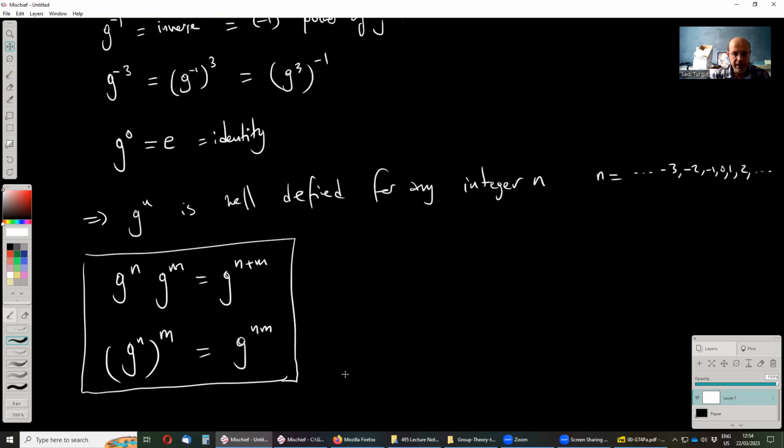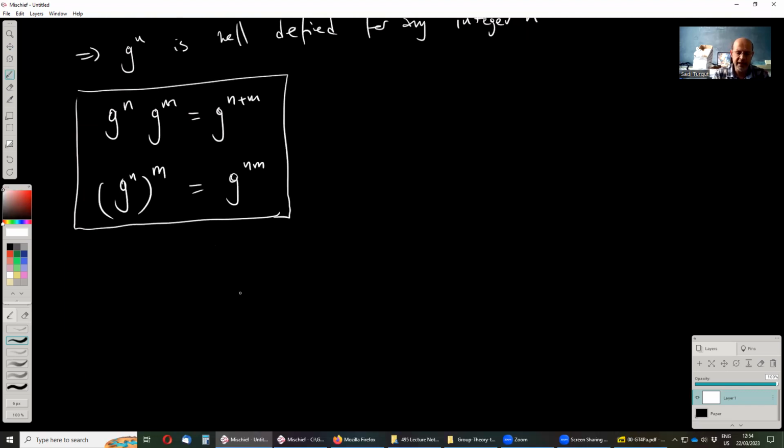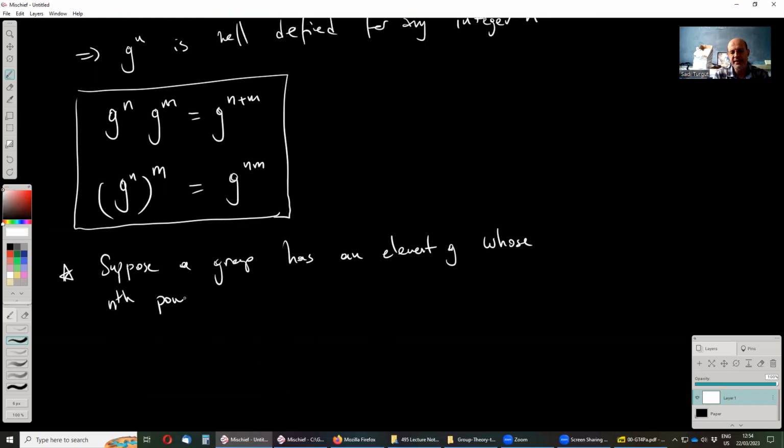In any case, if we have a group, suppose a group has an element G whose nth power is identity.